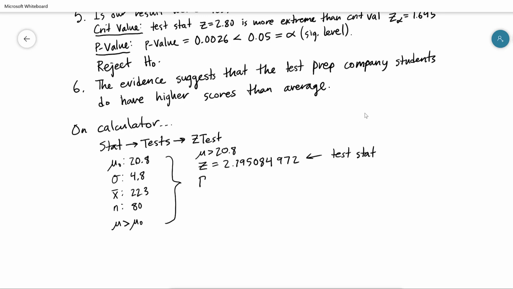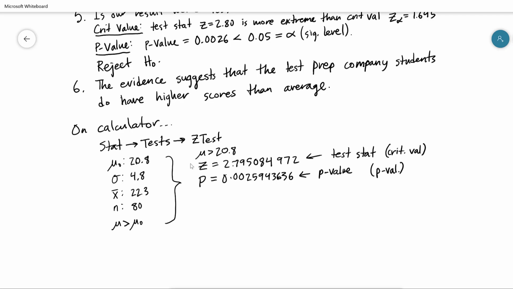The next thing it gives after that is the p-value, p equals 0.002594336. That's the p-value. It gives us the two things that we would need. We still have to decide what we are going to consider weird, but it gives us the test statistic that we would use if we were doing the critical value method, and it gives us the p-value, which we would use if we're doing the p-value method.